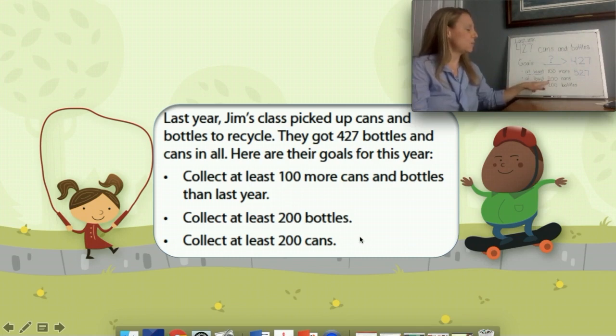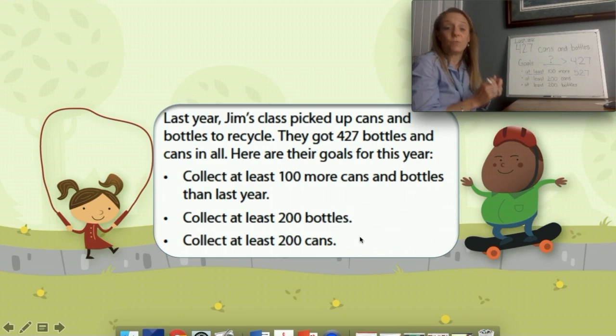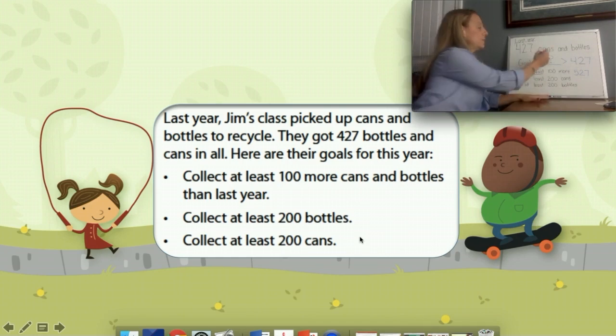Now, I'm thinking, oh, well, what if they collect 200 cans and 200 bottles? Would that fit in? Let's see, what is 200 plus 200 more? If you know 2 plus 2, 2 plus 2 is 4, that's right. 200 plus 200 then is 400.